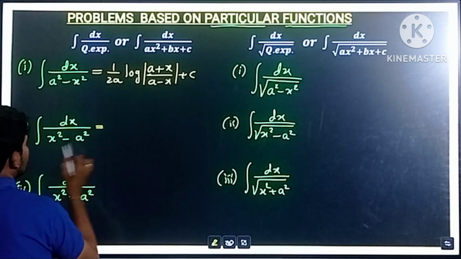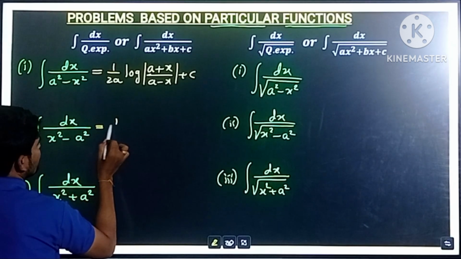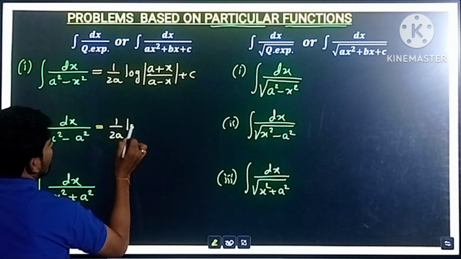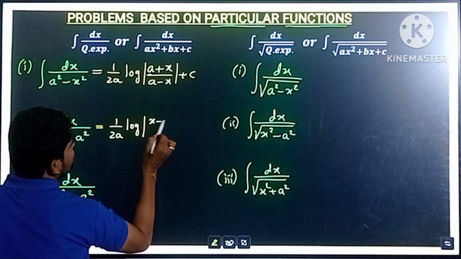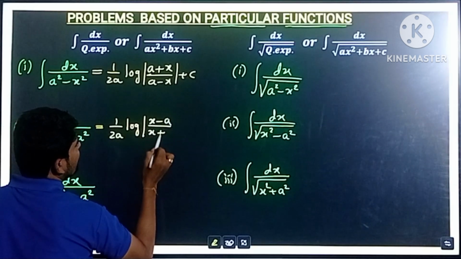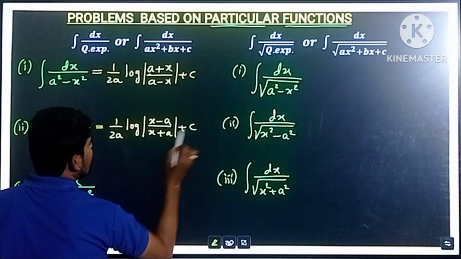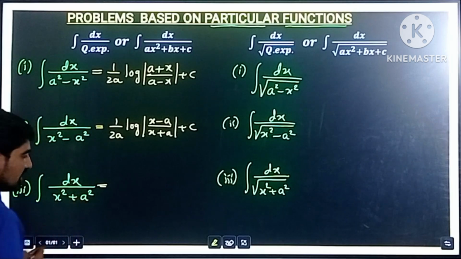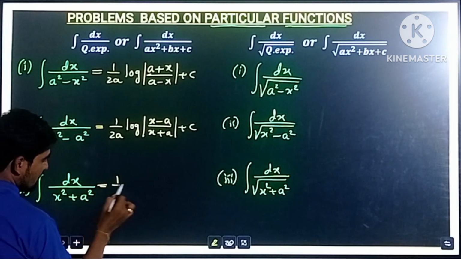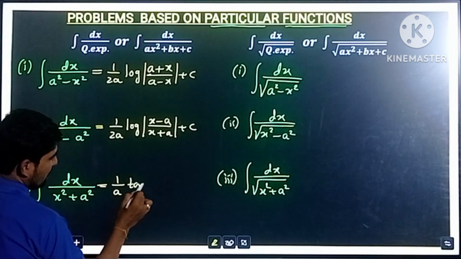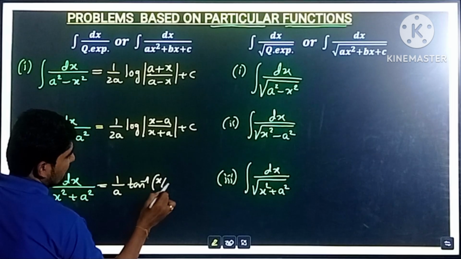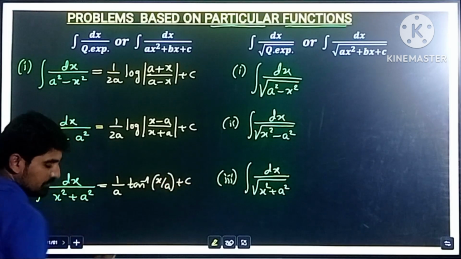The integration of dx divided by x square minus a square is 1 by 2a log of (x minus a) divided by (x plus a) plus c. And the integration of dx divided by x square plus a square is 1 by a tan inverse of x by a plus c.